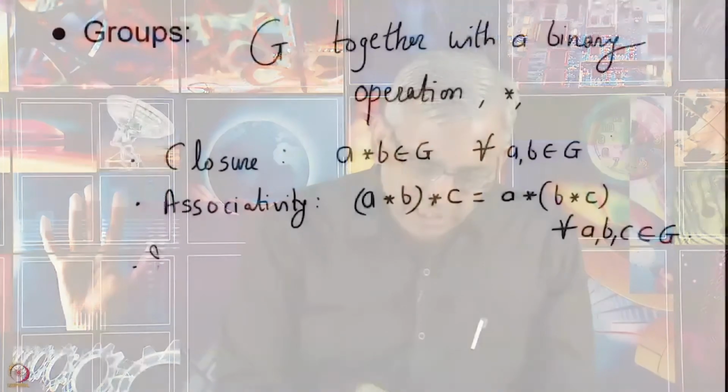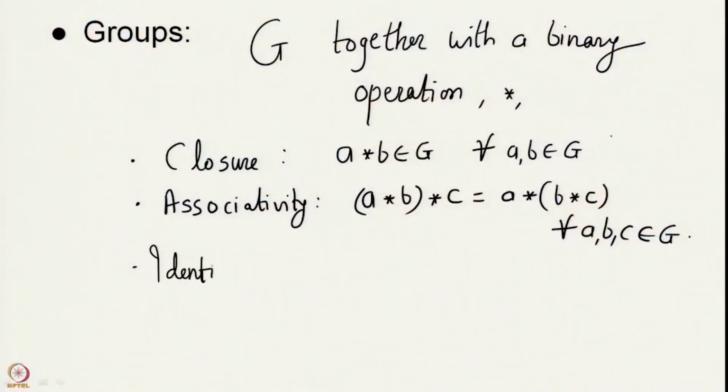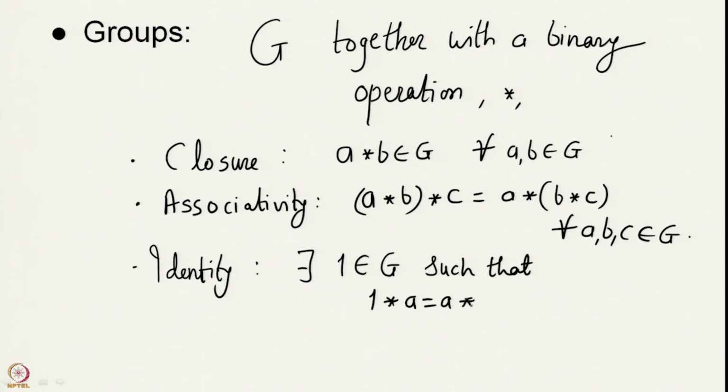Another important condition is what is called the existence of identity element. This says that there is some element which we often denote by 1 in your set G, such that 1 star A is A star 1 is A for every element in G. This says that there is one very distinguished element in your set G which acts like the 1 when we take products, or like 0 when you take sums.